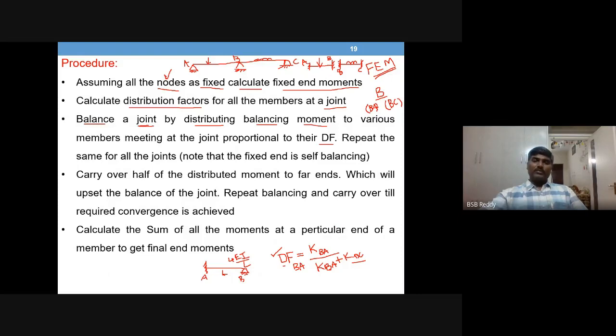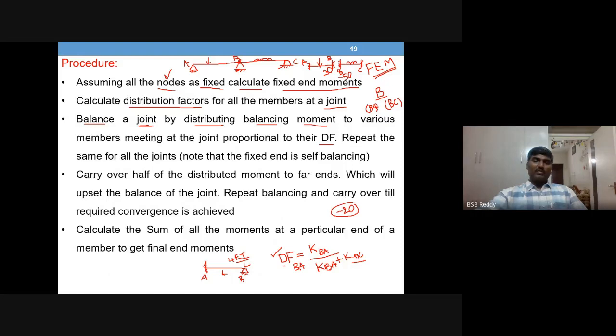For example, if MBA is say 30 kilonewton meter fixed end moment, say MBC is minus 50 kilonewton meter. What is the total moment at B? It is minus 50 plus 30, so minus 20 is the total moment at B.